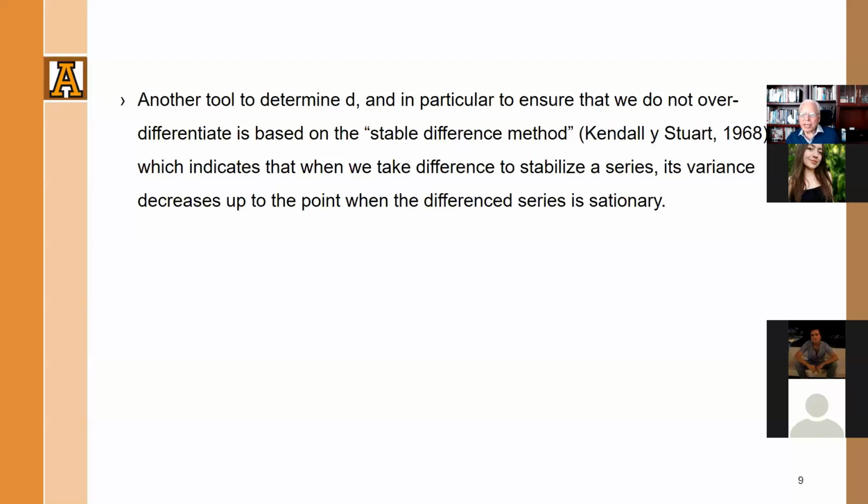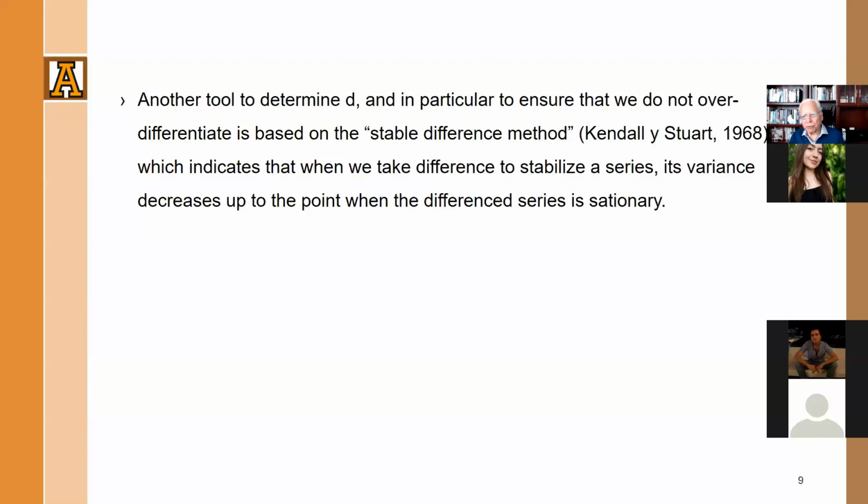How do we check? One way is looking at the ACF. For the first difference, the ACF already dies right away, so there's no reason to go for another difference. Unless the ACF was not dying fast enough, then I would go for the second difference. But it's always good to check what happens if I take a second difference.